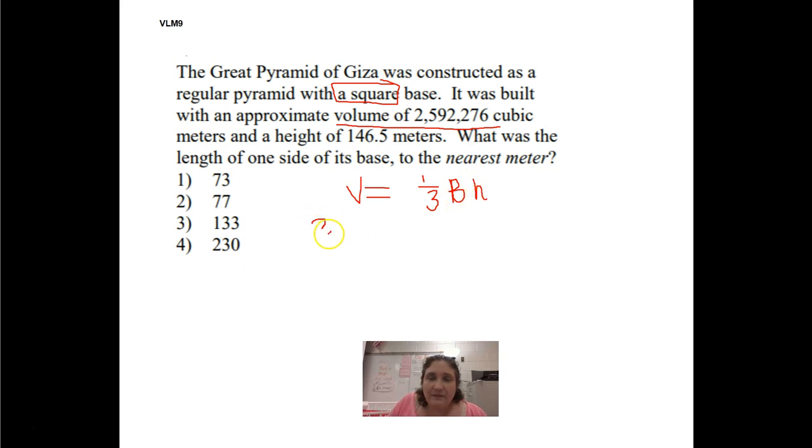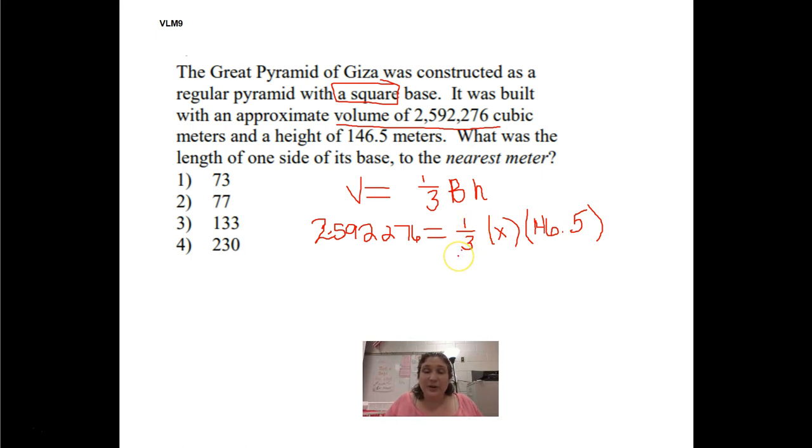So 2,592,276 has to equal 1/3. Now it tells us our height, but we don't know our base. So I'm just going to put x for our base, and we know our height is 146.5. So we basically just have a lot to do with the calculator.